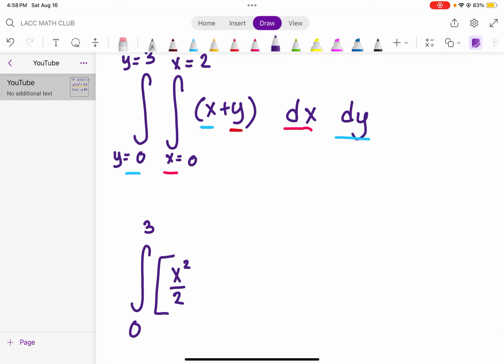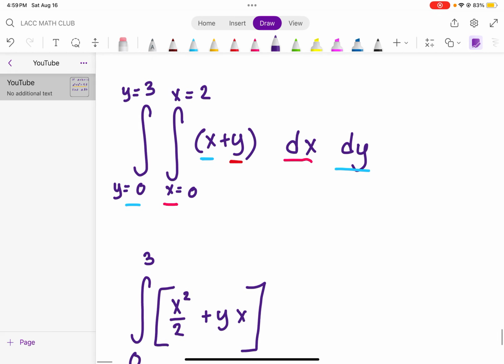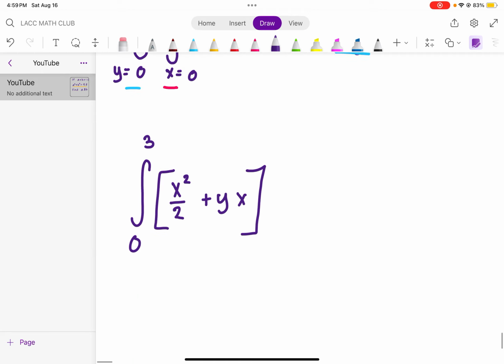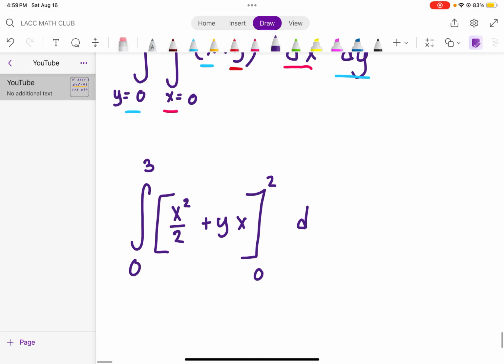In derivatives, they decrease. In integrals, they increase. It's going to be y times x. Just like if you had the integral of 1, that would equal x, right? We just basically add an x to this thing. And remember, we were integrating with respect to x, so this is going to be from 0 to 2. Those bounds represent x.